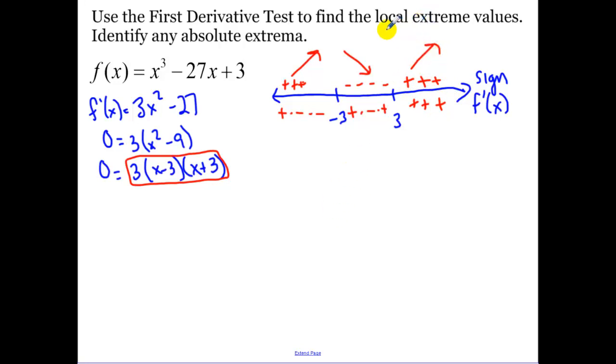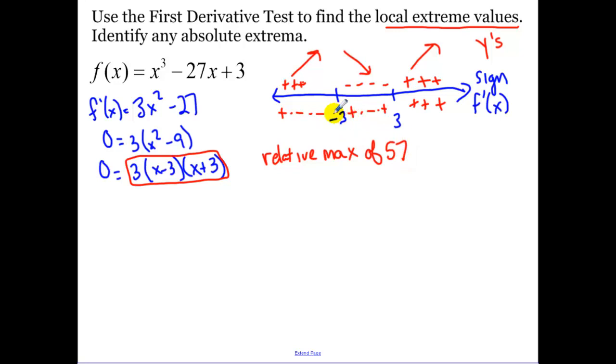So I need to find the local extreme values. That's the y's. So when our derivative goes from positive to negative, we're going to have a relative max. We're going to have a relative max of 57.